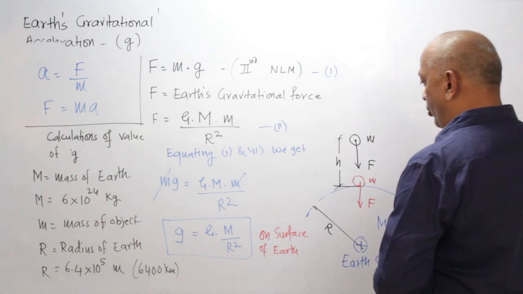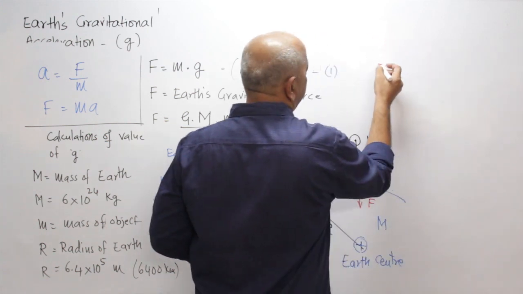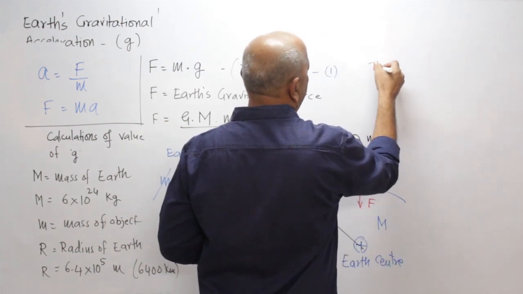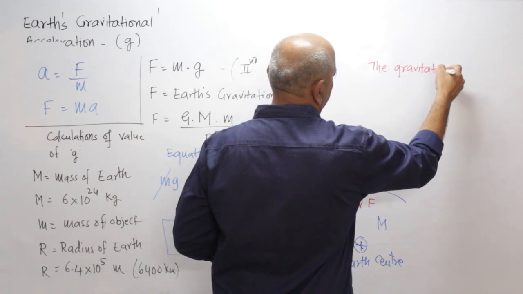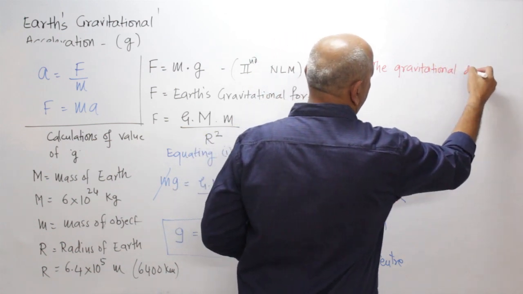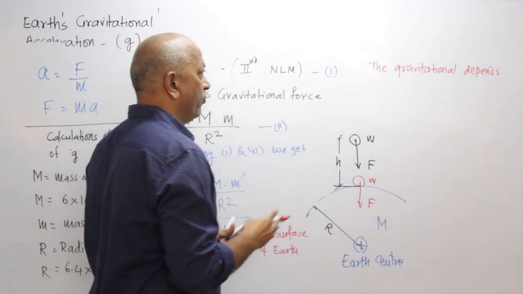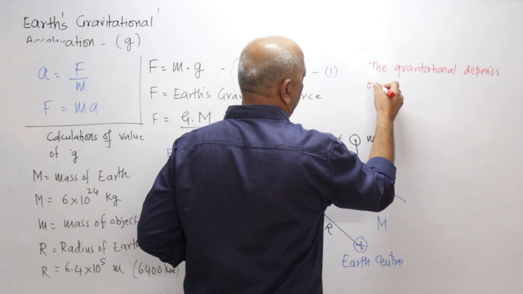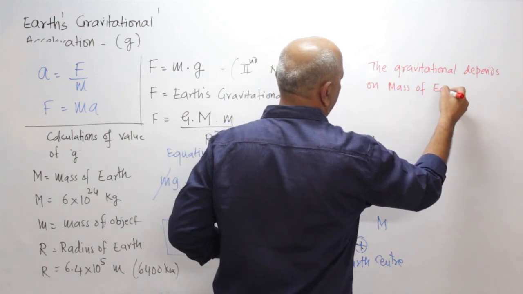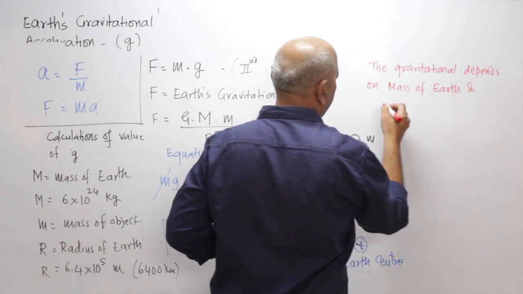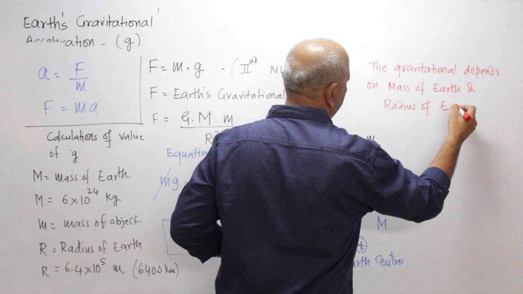So the conclusion we can draw is: the gravitational acceleration depends on mass of Earth and radius of Earth.